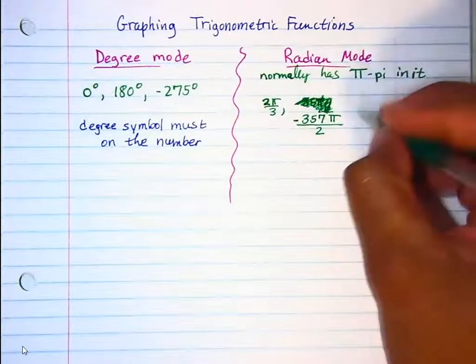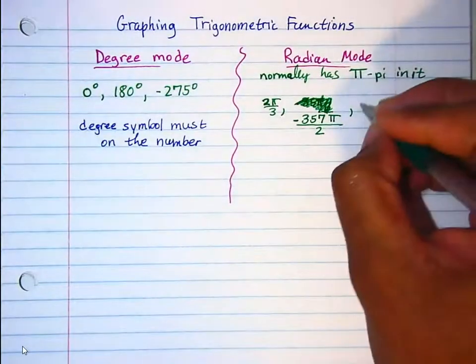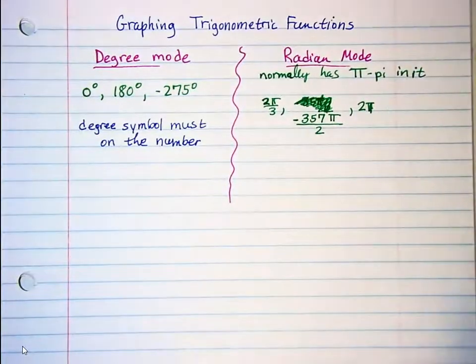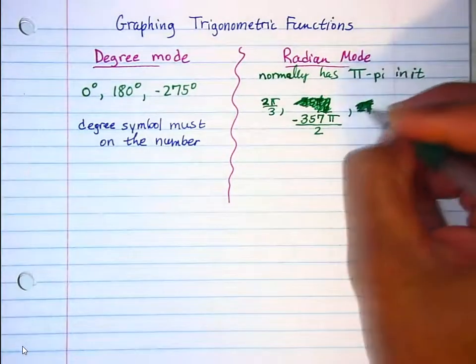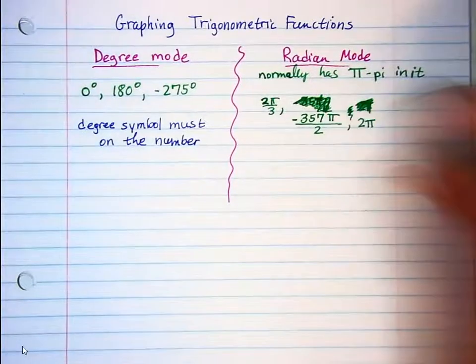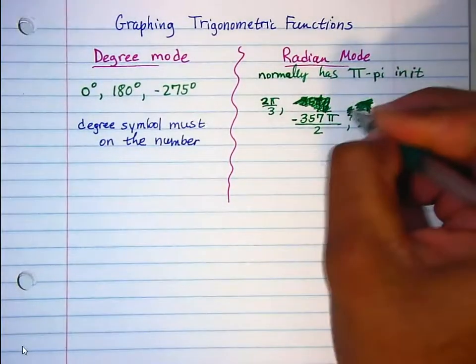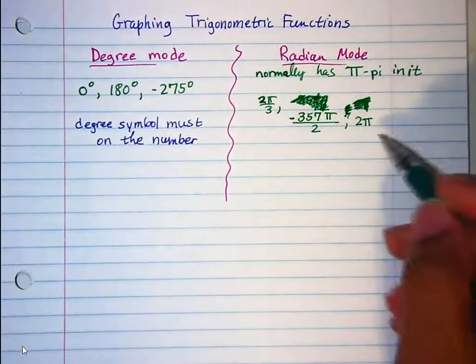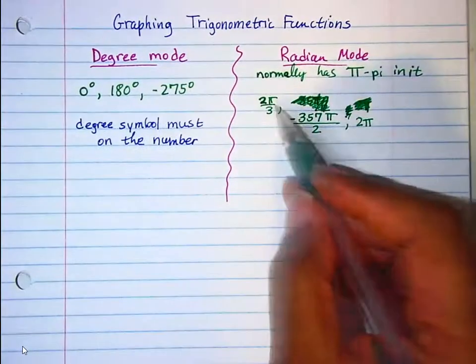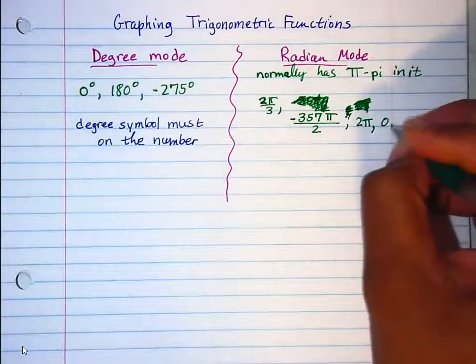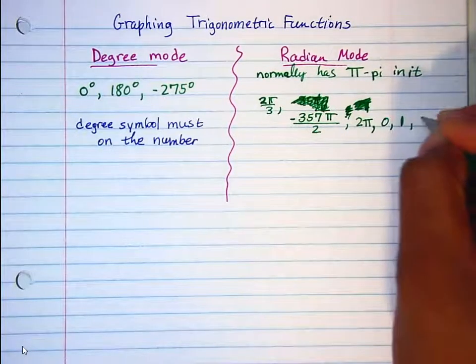And then we can also have something like maybe 2 pi. As you notice there, let me rewrite that again. That's why I don't like pens that much, but they're colors, so they help us differentiate. All right, so here we have 2 pi over 3, negative 357 pi over 2, and 2 pi, and they all have that pi symbol in it. But then you can also have things like 0 or 1 or maybe even a 3.